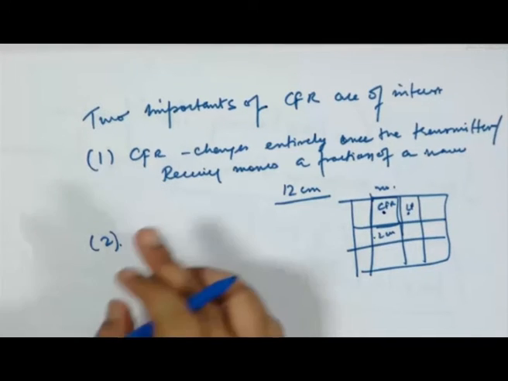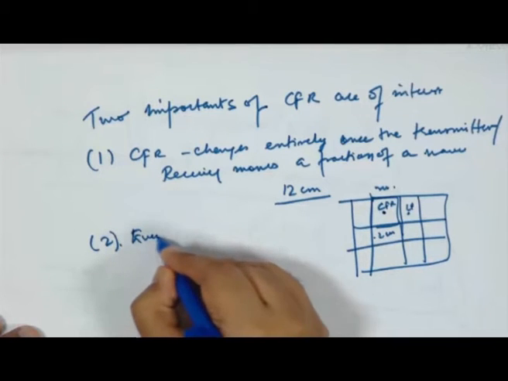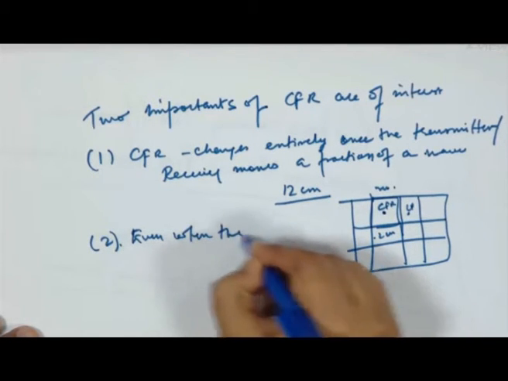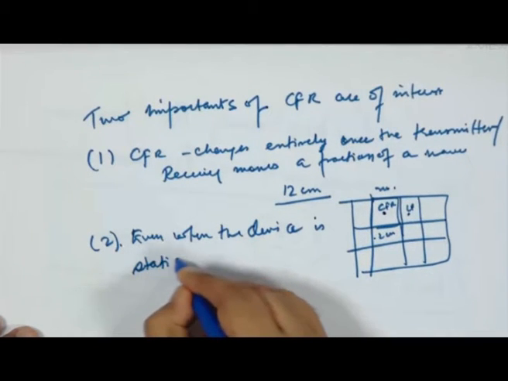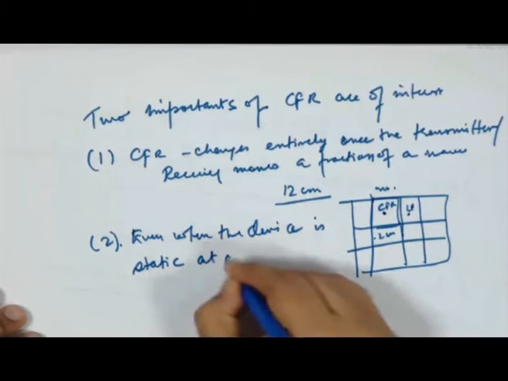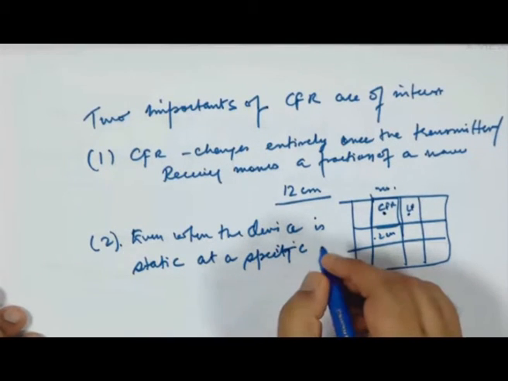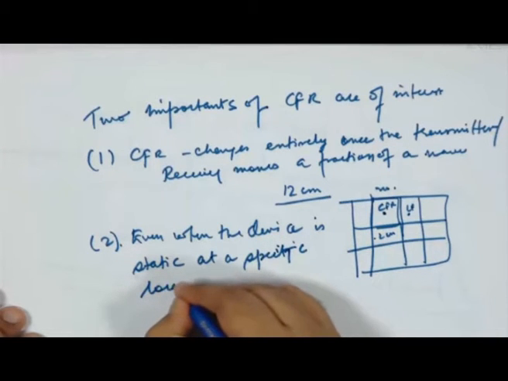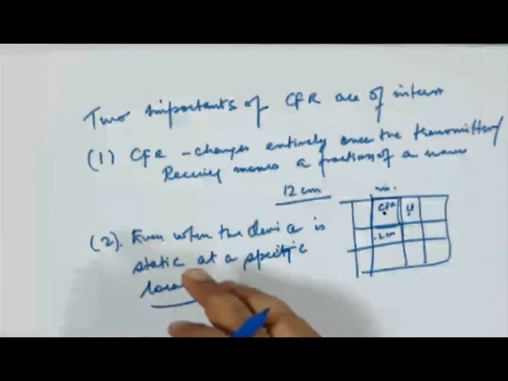point is, even when the device is static at a specific location, the CFR experiences channel fading.